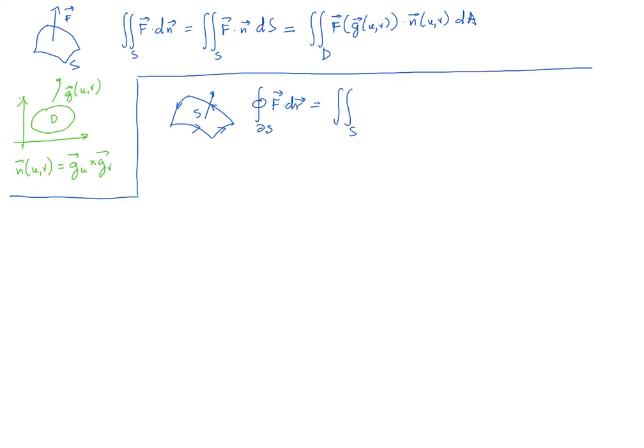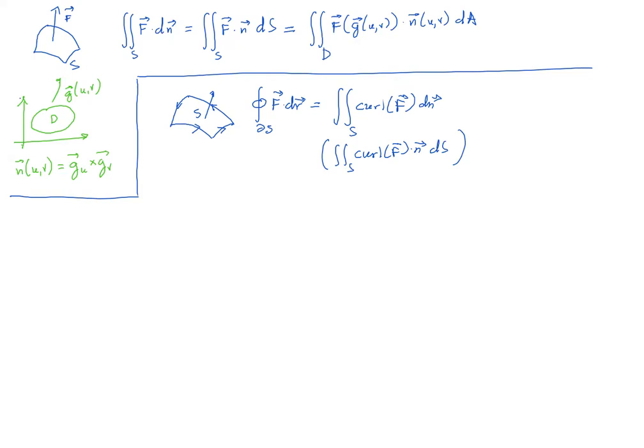So this is the curl of f dn, or as your book might prefer, curl of f dot n dS.